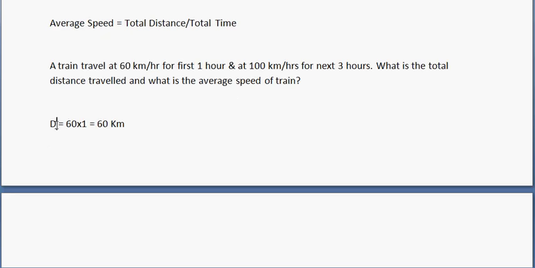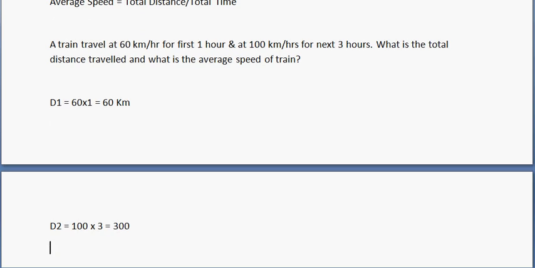Let's call it D1. D2 would be speed, which is 100, into time, which is 3, so it is equal to 300, right? Total distance d is equal to d1 plus d2, so 300 plus 60, it becomes 360.